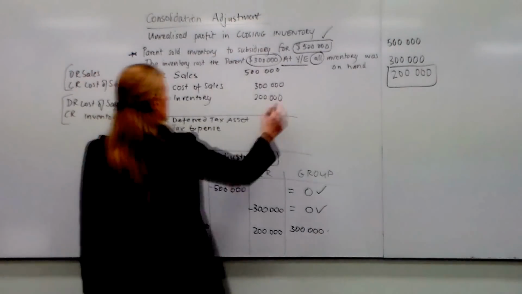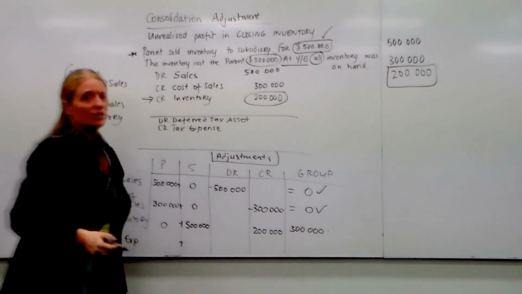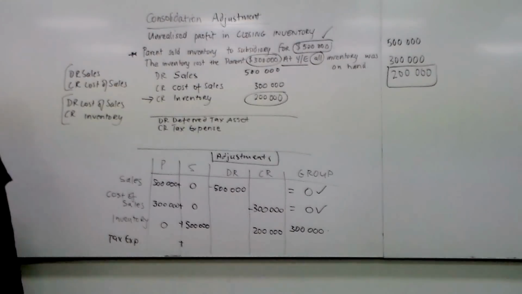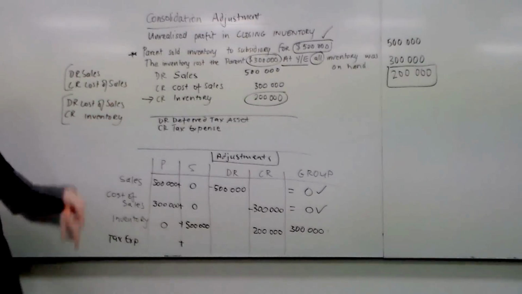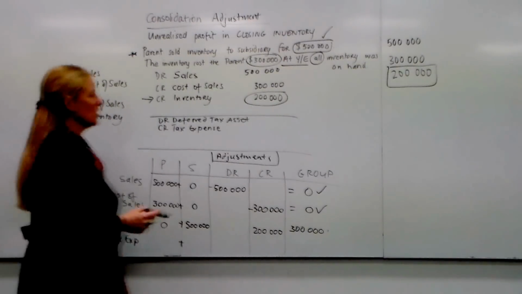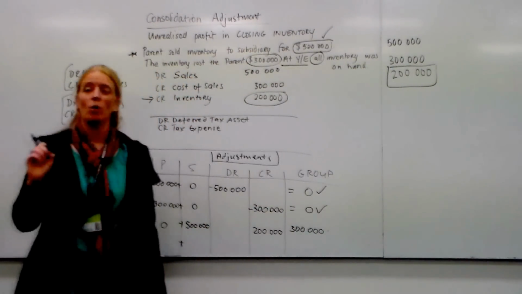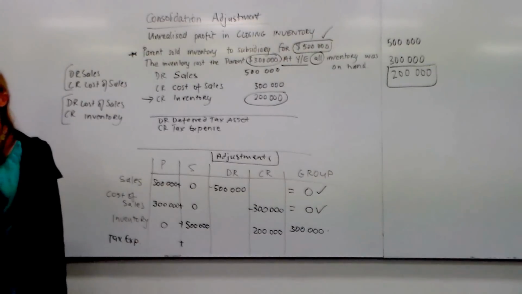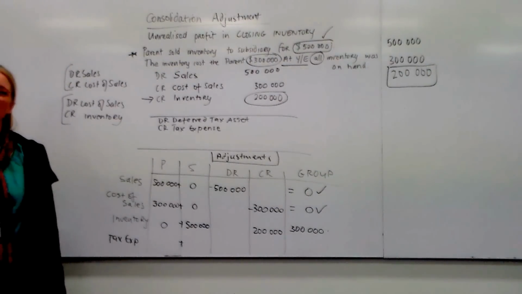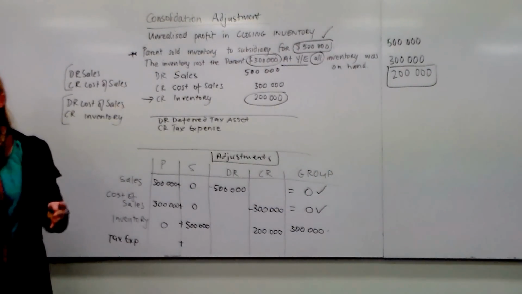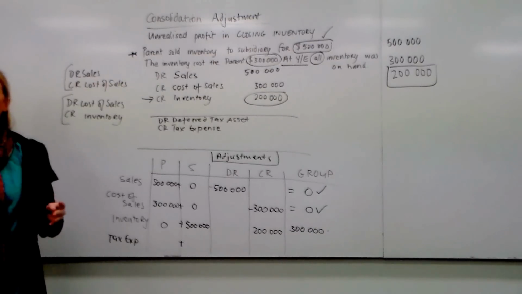So therefore, we know that the unrealized profit is, as I say, that figure there, 200,000. What is an unrealized profit? It is simply a profit which has been made within the group, which is not realized in the books of the group because it has not been a sale made outside of the group.